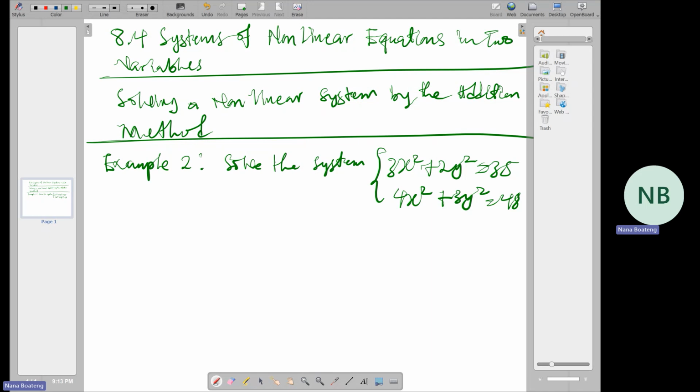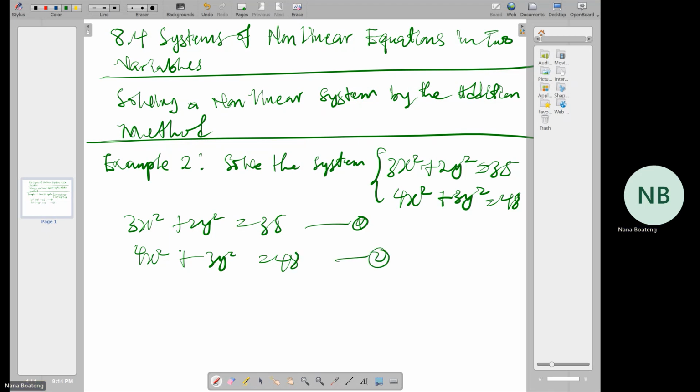Let me call 3x squared plus 2y squared is equal to 35 our equation 1, and 4x squared plus 3y squared is equal to 48 our equation 2.